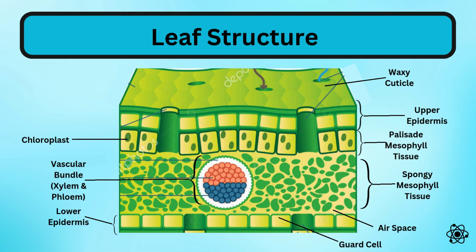Then we have the spongy mesophyll tissue which contains air spaces. At the bottom you may see guard cells and stomata. And then the lower epidermis, we also have the vascular bundles which contain xylem and phloem.